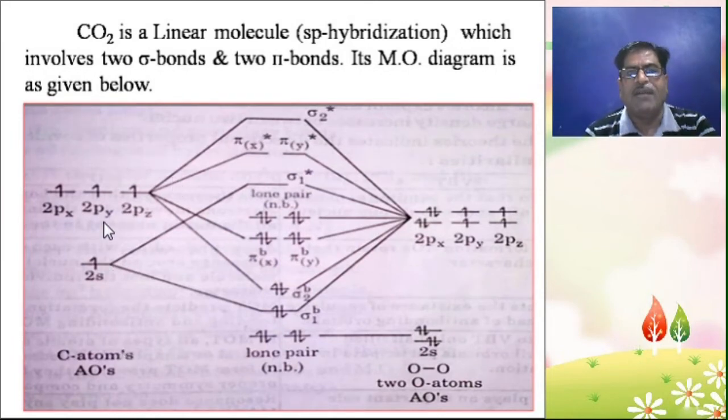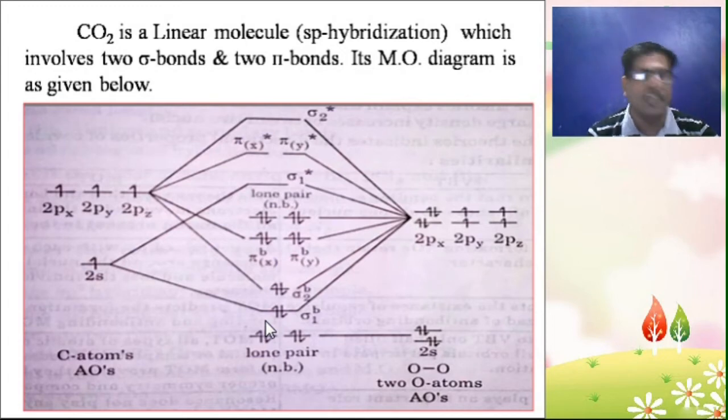Here are the carbon atom and the 2 oxygen atoms' atomic orbitals, with the non-bonding MOs holding the lone pairs of electrons on the 2 oxygen atoms, and the 1s and 1s combination. The electronegativities of carbon and oxygen are different. Carbon is less electronegative than oxygen.